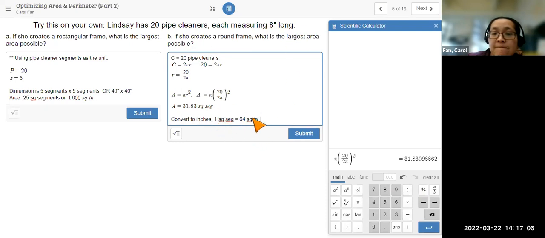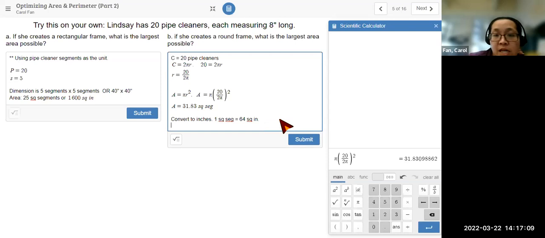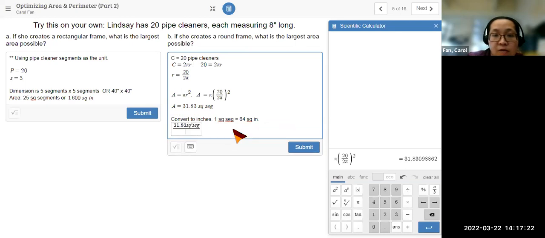So we have that. Now, I'm going to convert from square segments to square inches. We're going to use our conversion factor. So 31.83 square segments over an unknown number of square inches is equal to 1 square segment over 64 square inches.